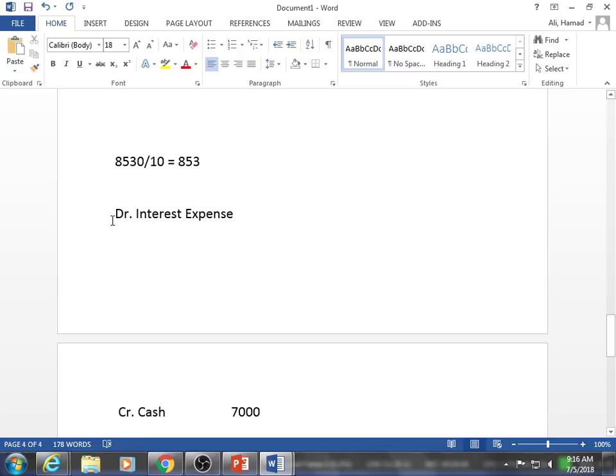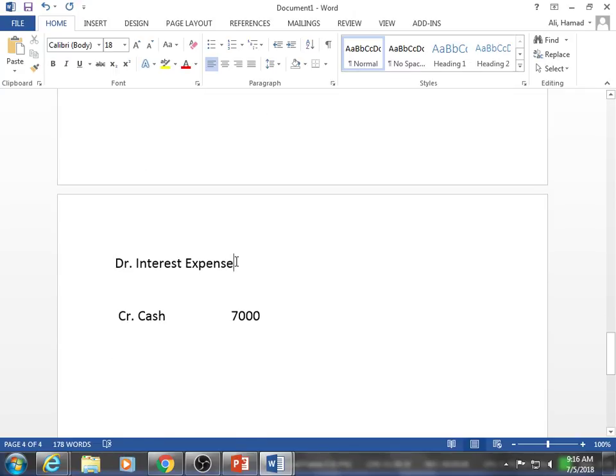Debit interest expense and debit unamortized bond premium.